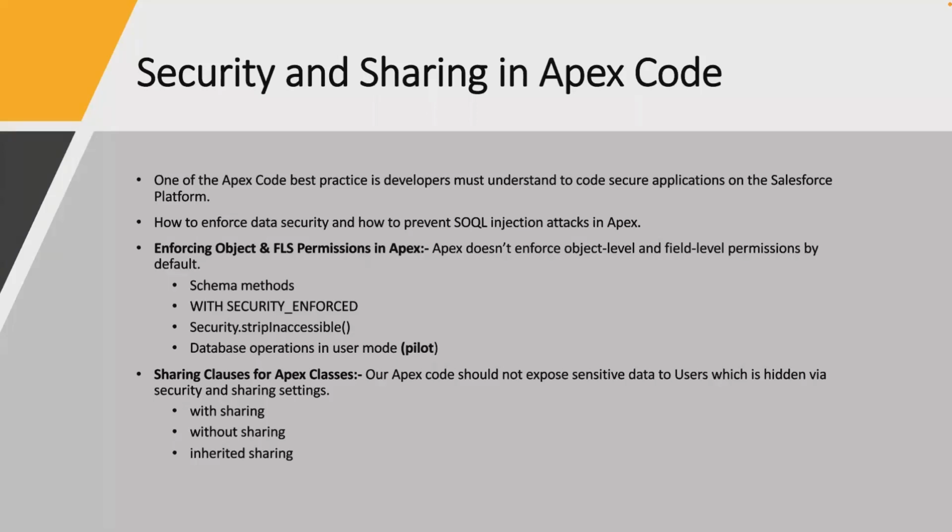Then we have to use either with sharing or without sharing, or inherited sharing in the Apex code. So we can use security plus sharing in our Apex code while writing any business logic, any piece of code.